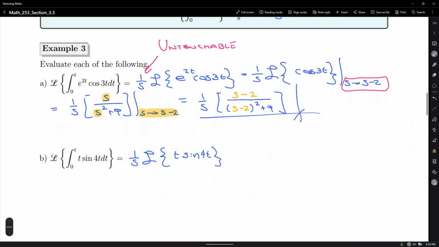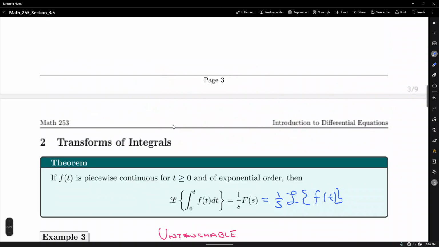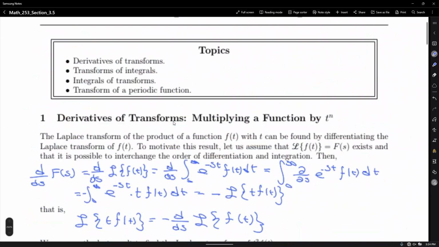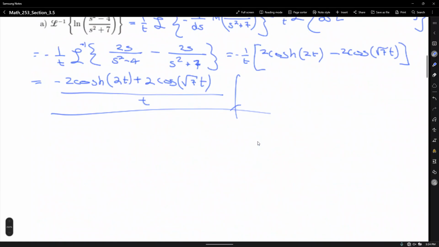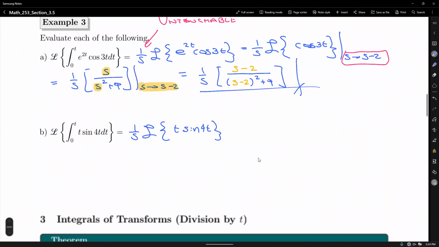Now forget about the 1 over s. Forget about the integral. Focus primarily on taking the Laplace of t sine 4t. In this case, that looks a lot like what we did at the beginning: negative 1 to the n times the nth derivative of the Laplace transform.